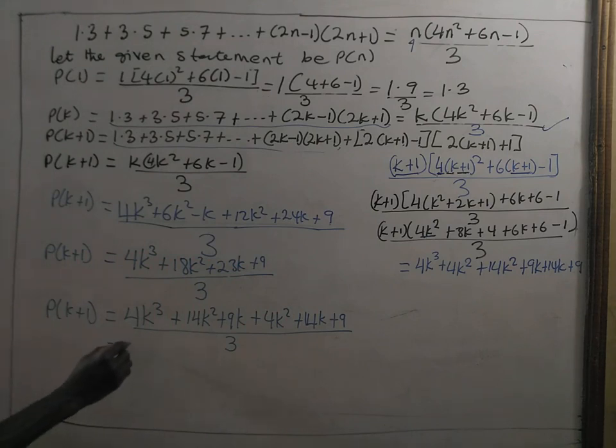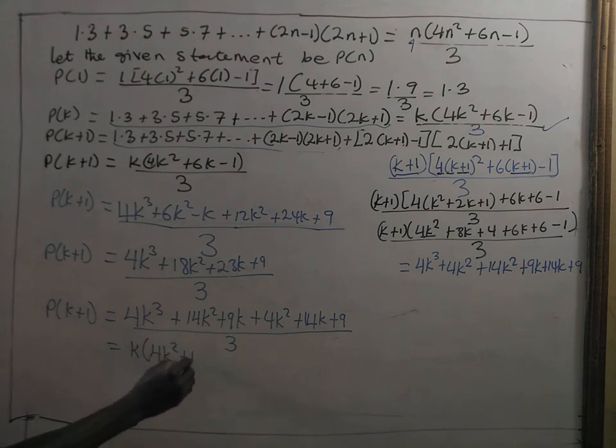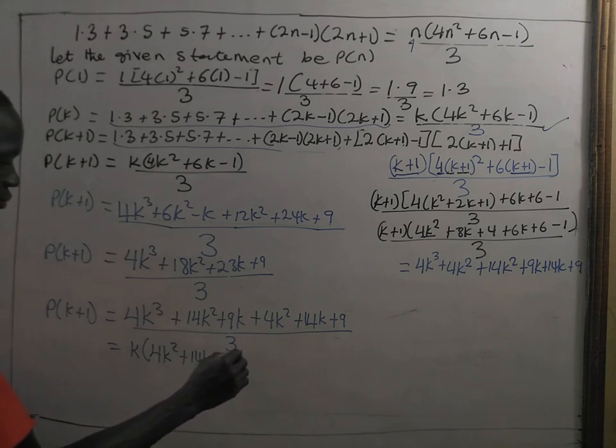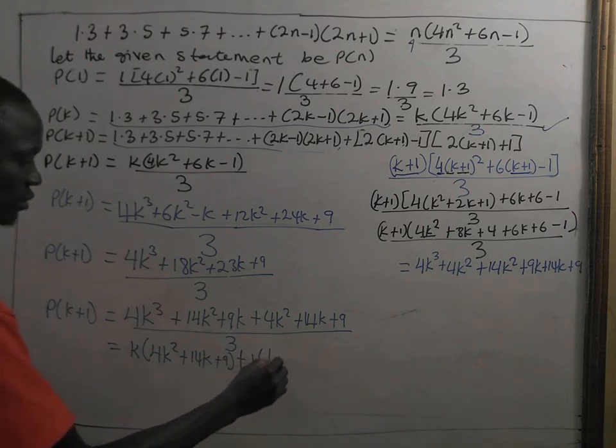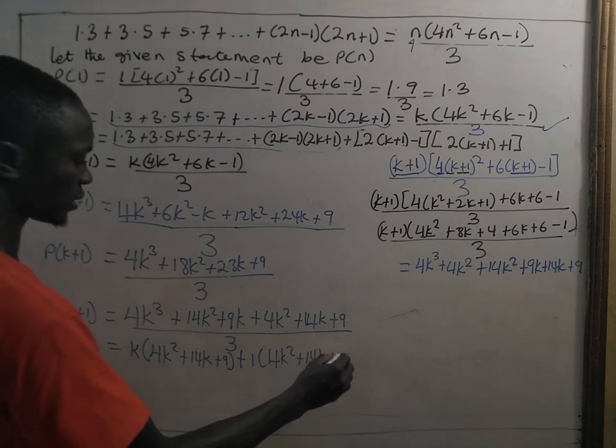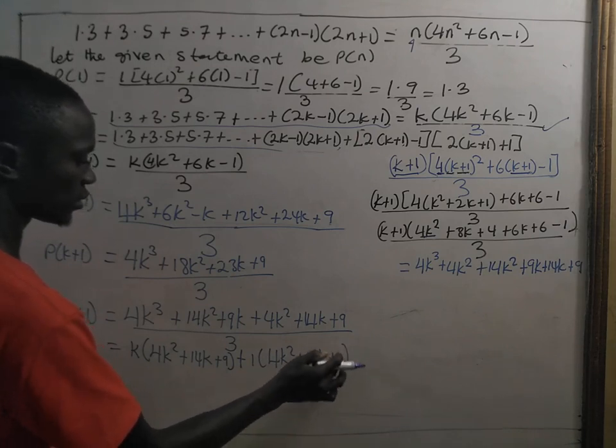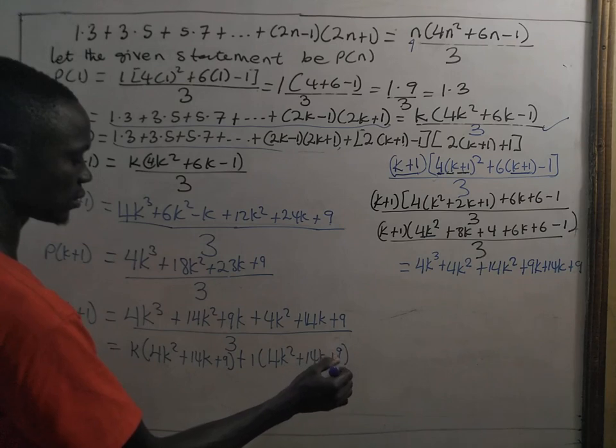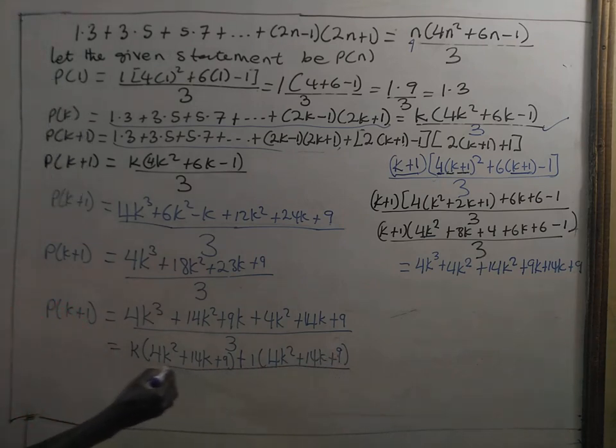So this gives k times 4k squared plus 14k plus 9, plus 1 times 4k squared plus 14k plus 9, all divided by 3.